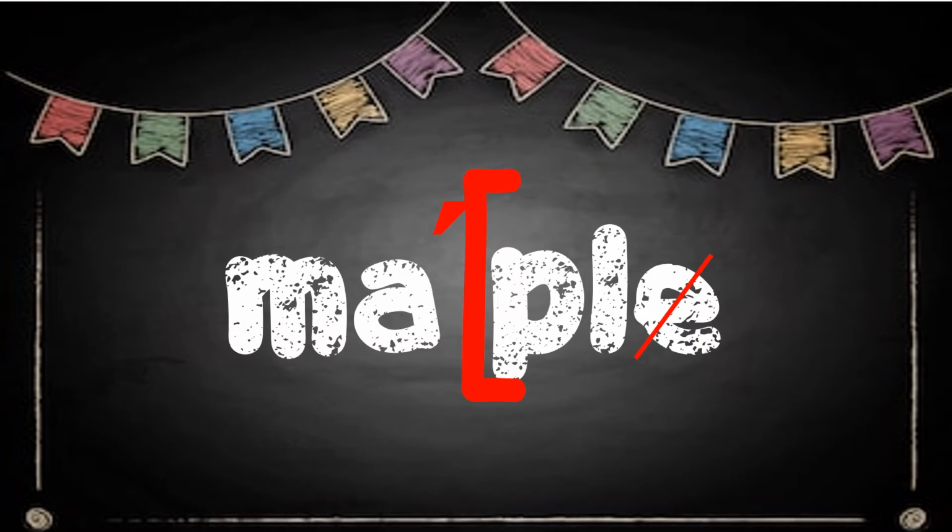Remember, don't get tricked here. The P is part of final stable syllable P-L-E, so it's separate. So an open, accented vowel is long, and we code it with a macron. This is the word maple.